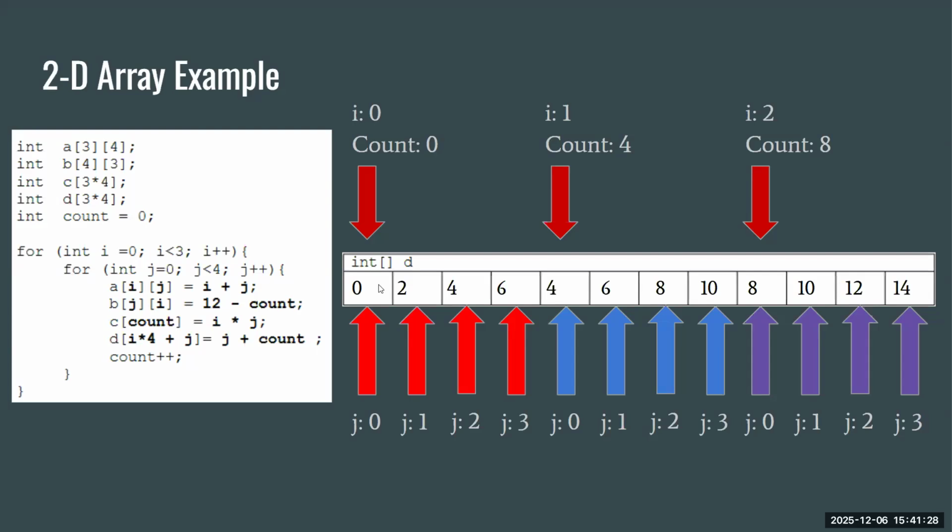So the inner loop runs 4 times, and then it moves on to the next outer loop iteration, and then it's going to do the same thing again.